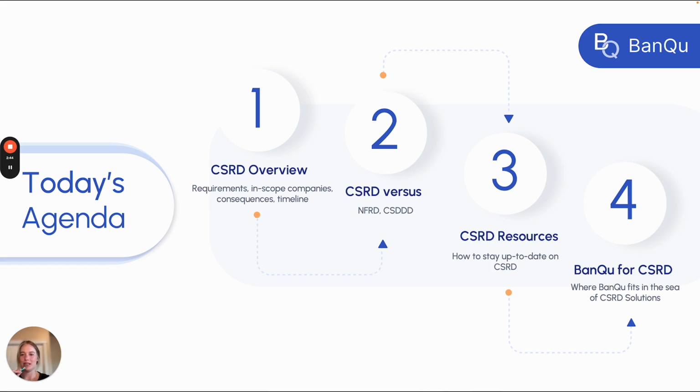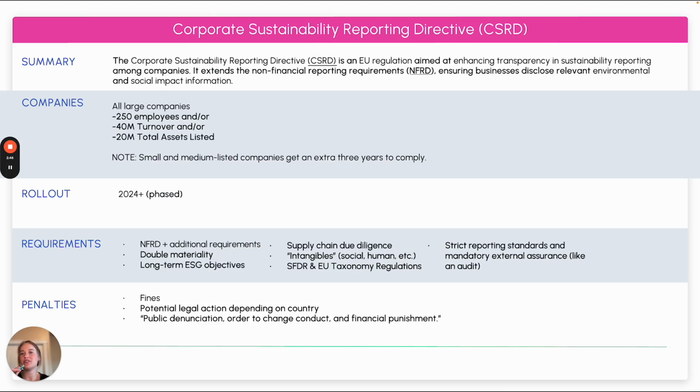So let's dive in. The CSRD stands for the Corporate Sustainability Reporting Directive. It is an EU regulation that aims to enhance transparency and sustainability reporting among companies. I would say in addition to transparency, it also aims to really standardize and streamline the way that companies report on their sustainability initiatives.